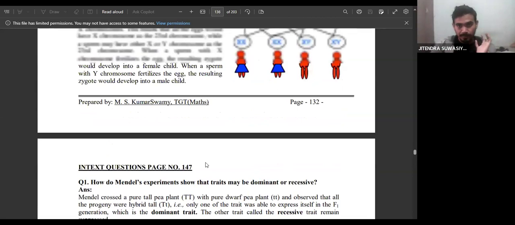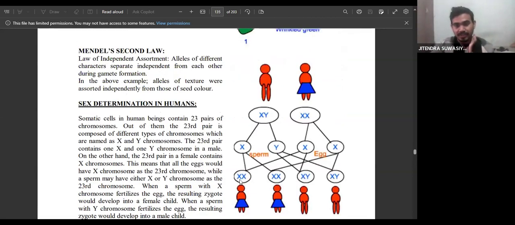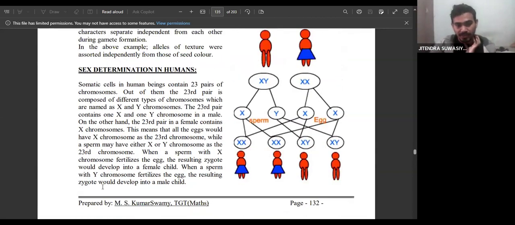Okay, so you can see the diagrammatic representation here. In humans, in the male we generally find the XY chromosomes, but in the female we find only X chromosomes. So anyhow, the female is going to give only an X chromosome.